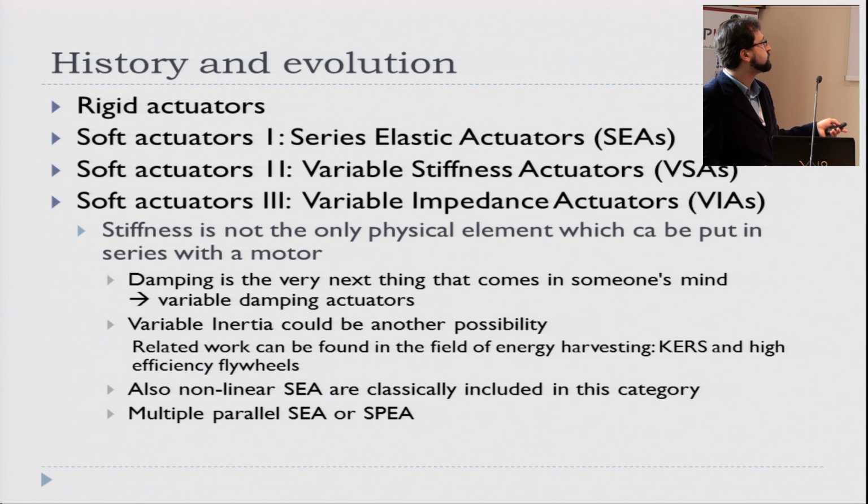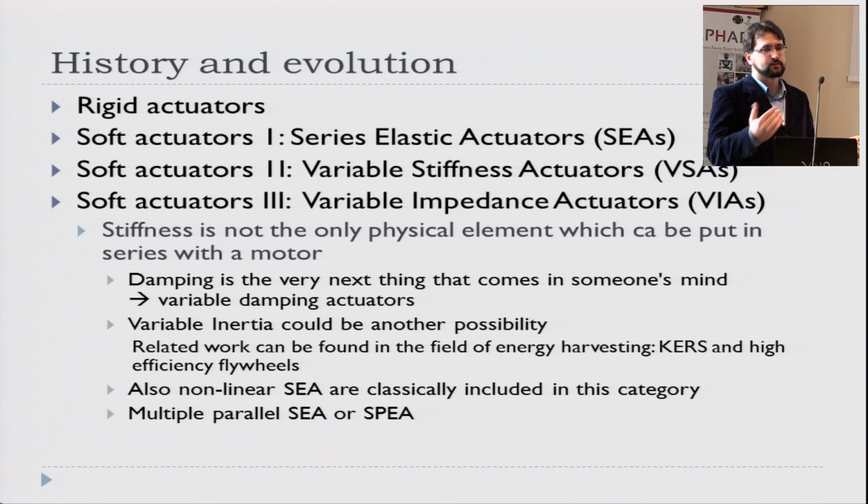And also the more recent kind of development in this field is the multiple parallel approach, or series-parallel elastic actuator, in which you have a stack of various actuators and springs, which together move the same load.